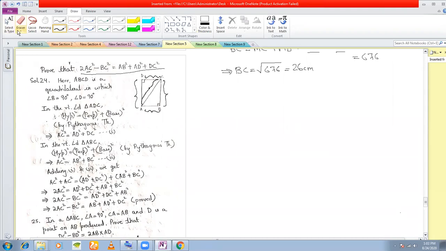So what I'll do is, with the help of these two right angle triangles, I will prove this relation. Let us first consider this right angle triangle, this red one.